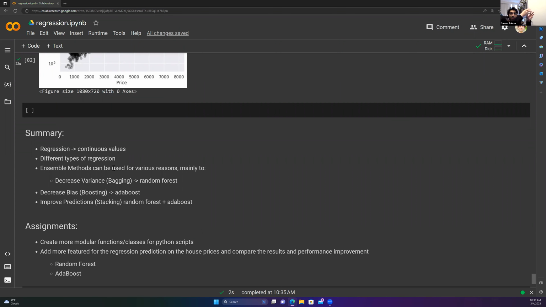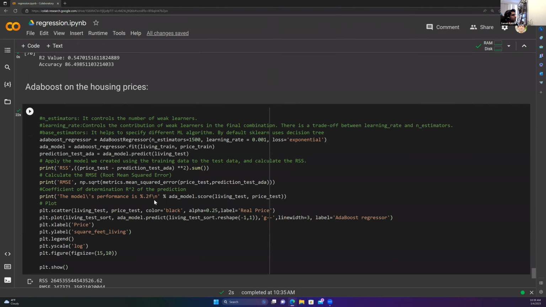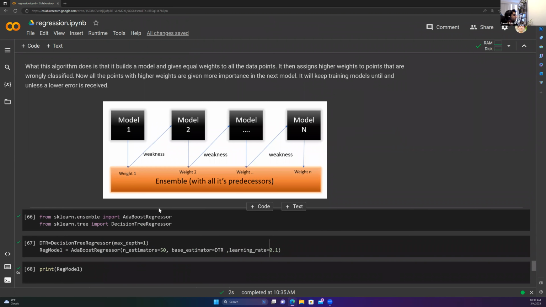So bagging is an ensemble method that uses multiple algorithms in parallel and then gets a majority vote. So these are of type bagging, basic ensemble methods. Whereas boosting is where you have, for example, the output of the previous step going to the next step and so forth. So again, AdaBoost is of this category, it is a boosting method. That's what we call boosting. Random forest is a bagging method, a subcategory of that methodology.